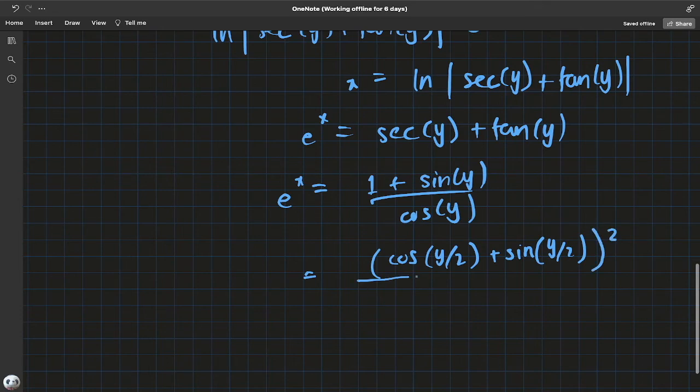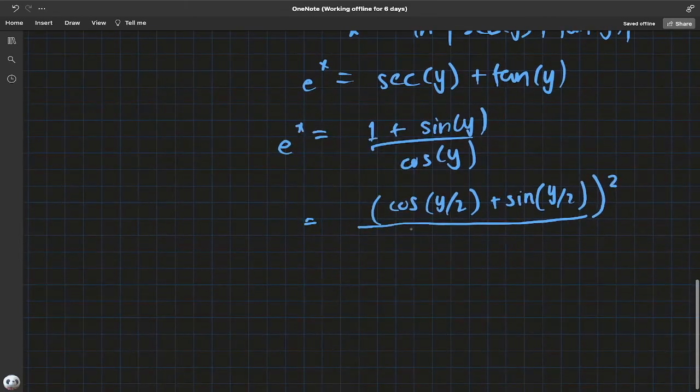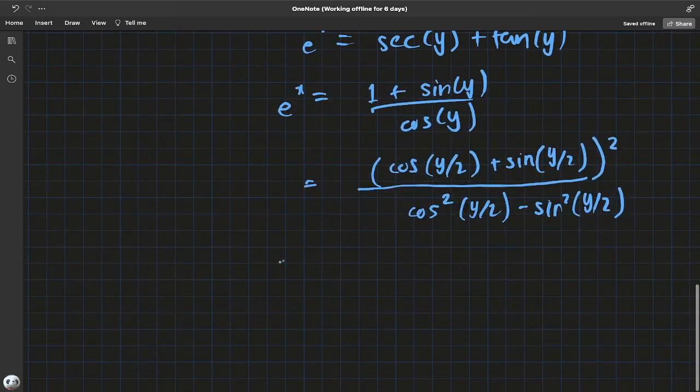You can check this using identities. And the denominator is cos squared y over 2 minus sine squared y over 2. So we can cancel some things out.